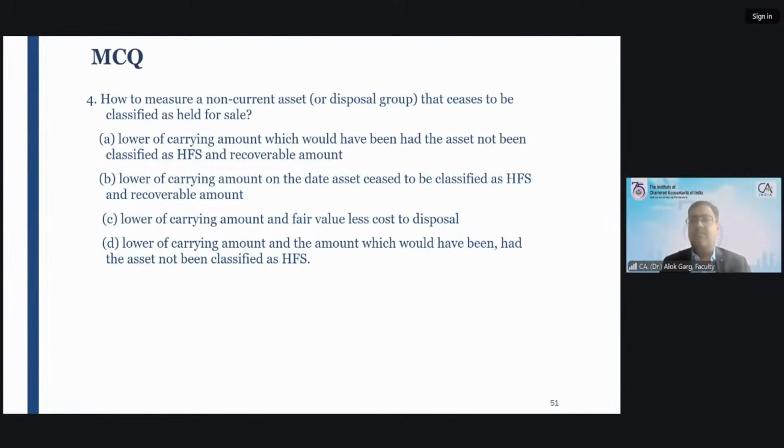We have to put the carrying amount as per the existing standards. So basically, you need to compute what would have been the carrying amount had the asset never been classified as held for sale, and the recoverable amount. Which is the right option? A is the right answer, right?